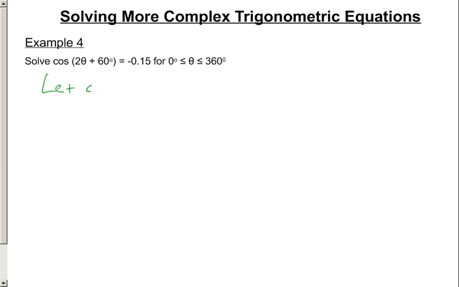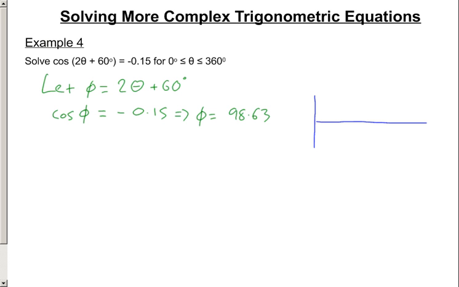So we're going to say let phi equal 2 theta plus 60 degrees. That means we're dealing with cos of phi is equal to minus 0.15. And that gives us that phi is equal to 98.63.